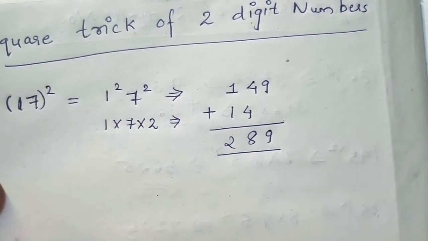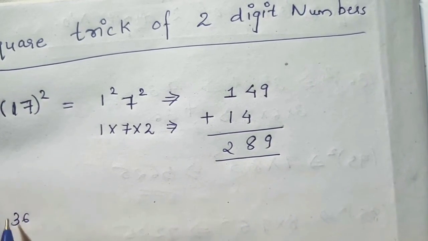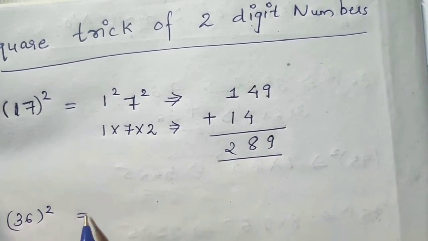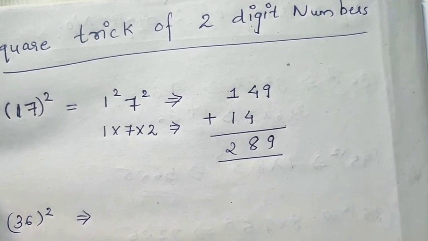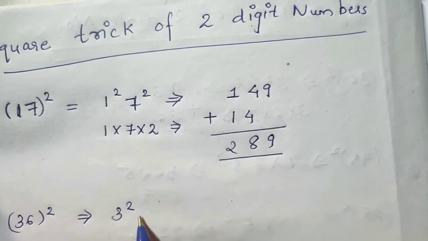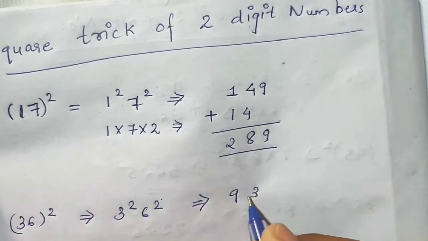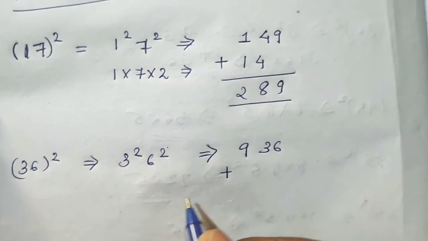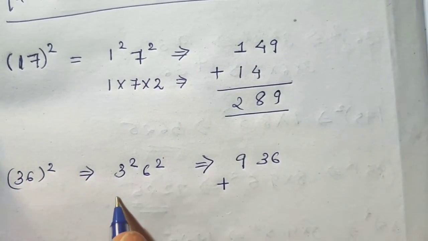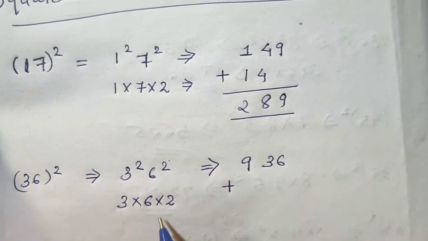Okay. Suppose we take another example, that is 36. So in this also we have to take the individual squares. That is 3 square, then 6 square. It is 9 and 36. Then we have to do an addition. That is 3 into 6 into 2.